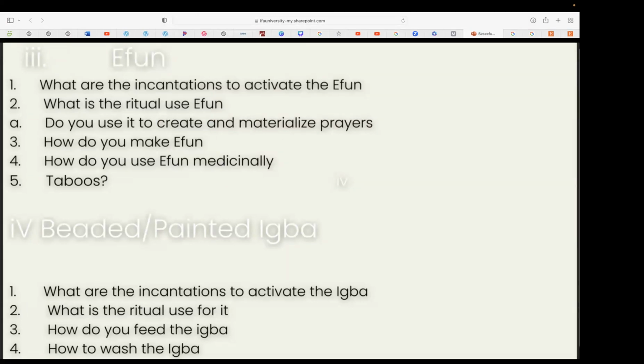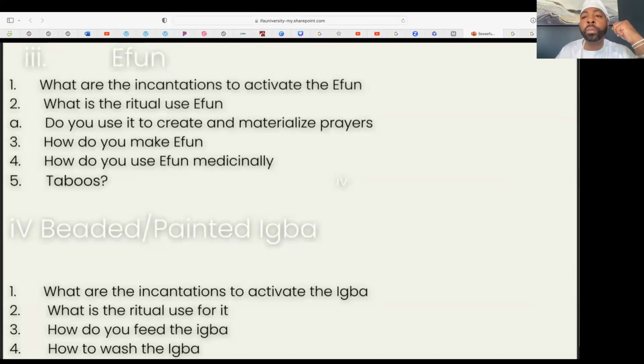You see this Efun powder, when you grind it, if someone is having a bad dream, you can apply a little water on it and use it to paint all your body before you sleep at night.